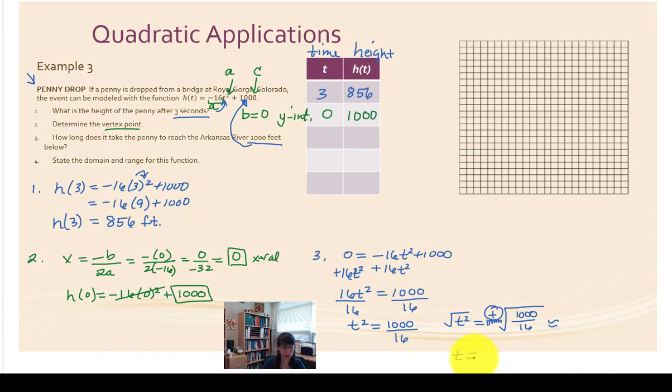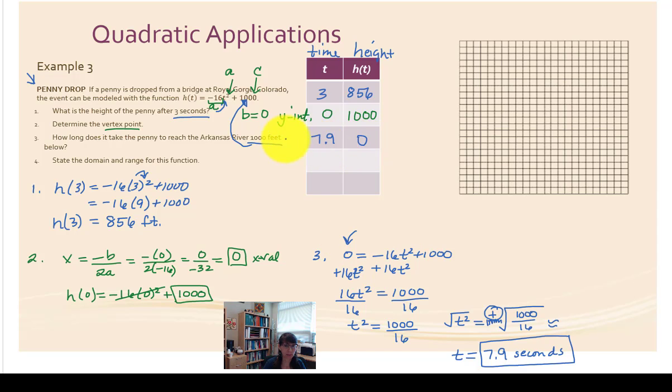So time is going to be about 7.9 seconds. Again, only positive 7.9 seconds would make any sense. So t value of 7.9, that's the input. Height was 0 for the output.